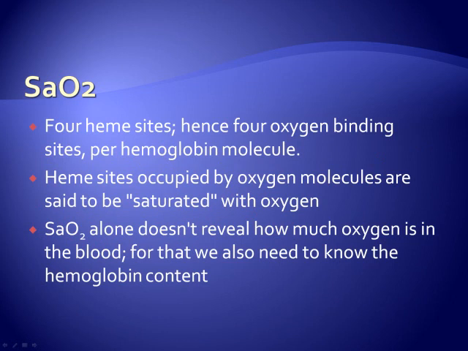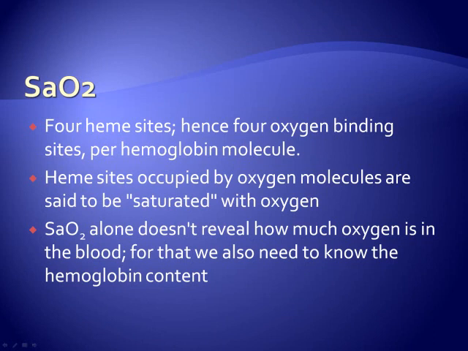Probably the most important thing to take out of this slide here is the fact that we can have an oxygen saturation of 100%, but if the patient's hemoglobin level is low, that doesn't mean the patient's oxygenating well. Okay, so what the SaO2 tells us is how much of these binding sites have been bound up by oxygen. 100% of the sites could be bound up, but if the patient's hemoglobin is only 5, then there's not enough hemoglobin to carry oxygen molecules.